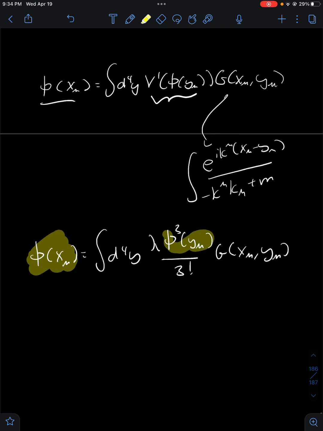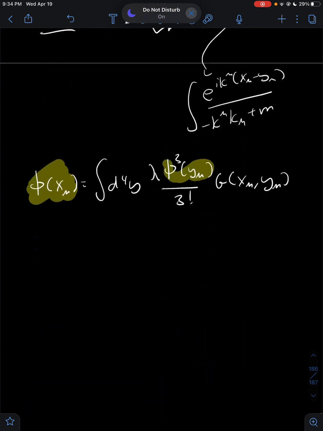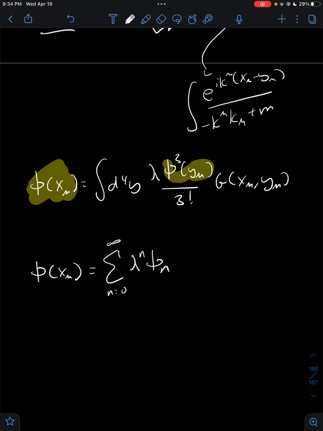inside the integral. Assume that our field, phi, can be written in terms of a power series of lambda. So something like this right over here. So we can assume that it can be written as a power series. So that's going to be lambda to the 0th power, phi naught, plus lambda to the first, phi 1, plus lambda to the second, phi 2, and so on, right?